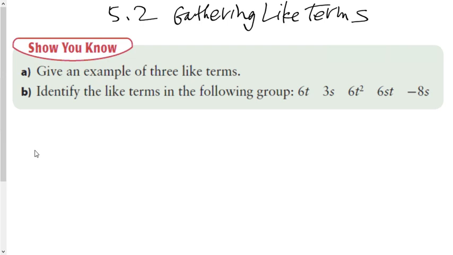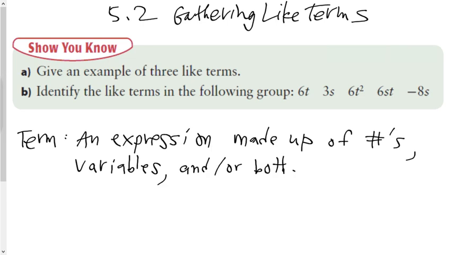So we already know what a term is, and to refresh your memory, a term is an expression made up of numbers, variables, or both. For example, -2 is an example of a term. XY is an example of a term. Or 3x squared y4 is an example of a term.